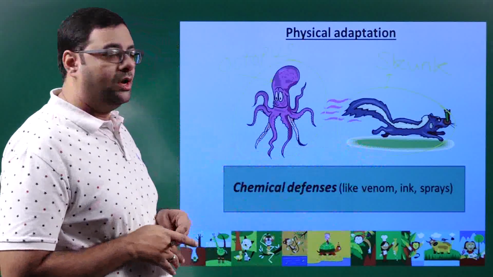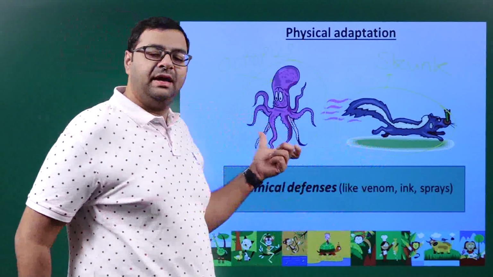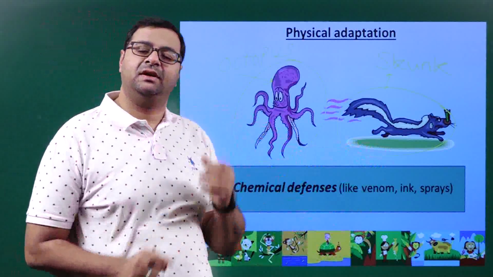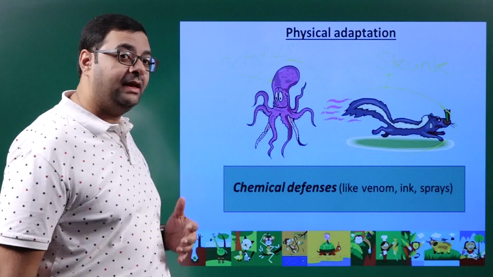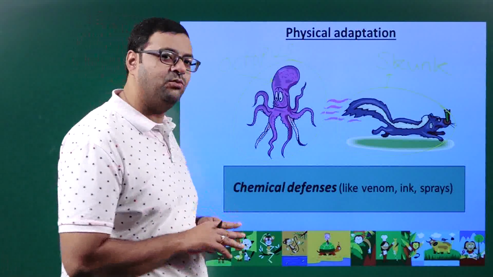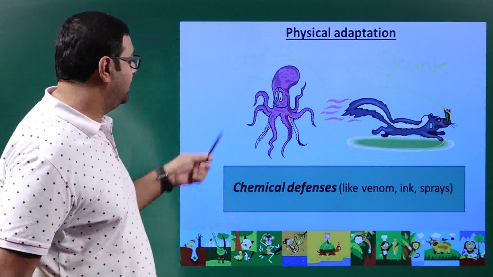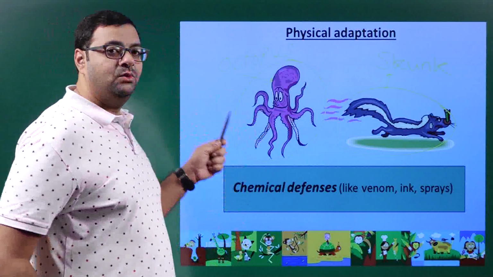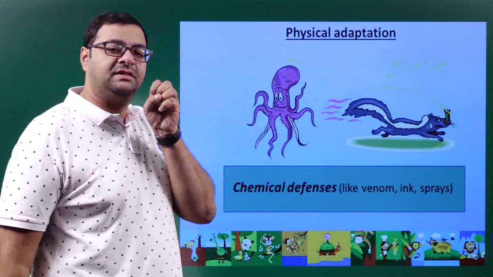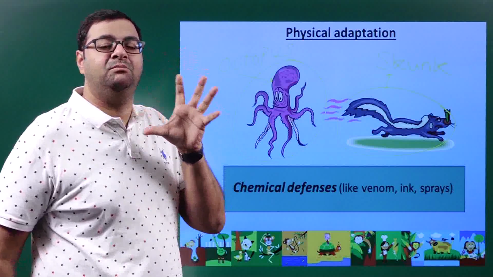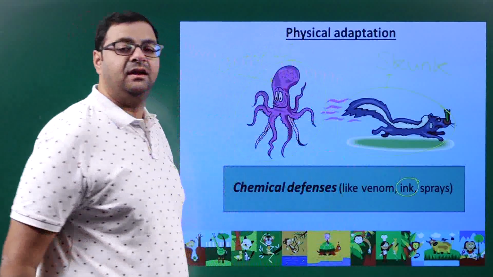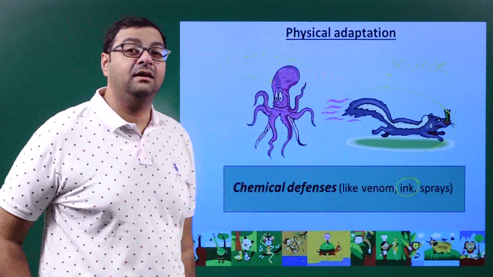If these organisms are threatened by predators, then what do they do? The octopus, if it is threatened, will immediately spray out black color ink.